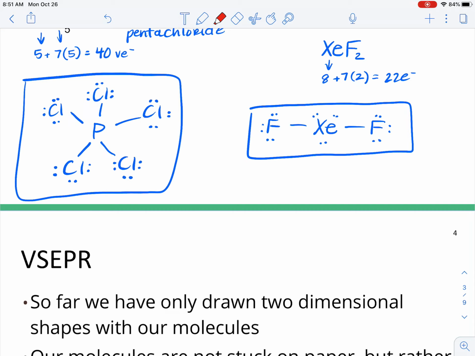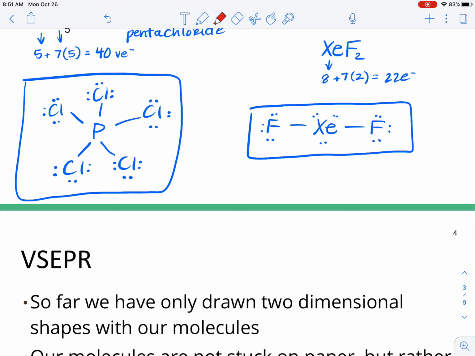What's actually going to happen is that each of these chlorine atoms on the ends here are going to separate as much as possible from the other chlorine atoms because of all these lone pairs. So like we talked about before, electrons have a negative charge. If an electron comes in contact with another electron, negative and negative, those guys are going to repel. So they want to be as far away from each other as possible.